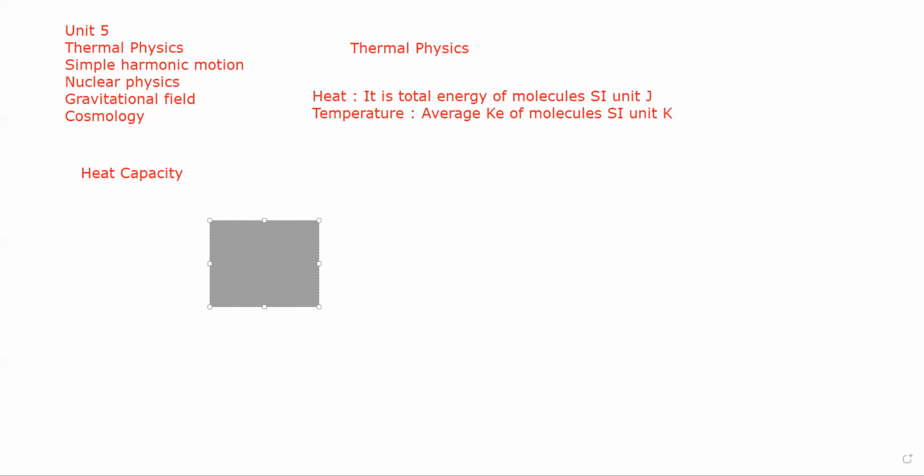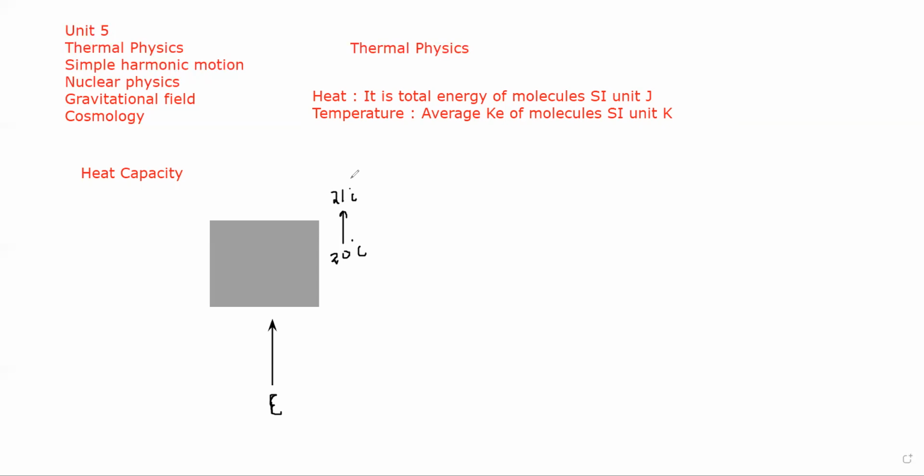For example, you are supplying heat energy. The energy which you supply is denoted by E. The initial temperature was 20 degrees. As you supply heat energy, the temperature changes from 20 to 21.